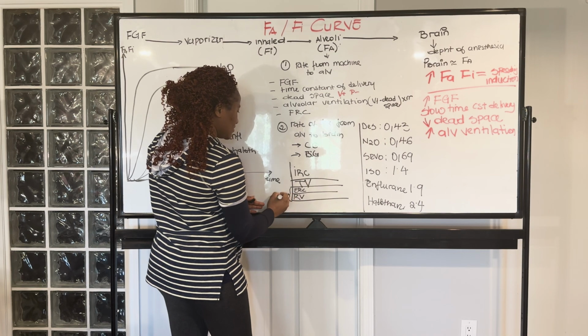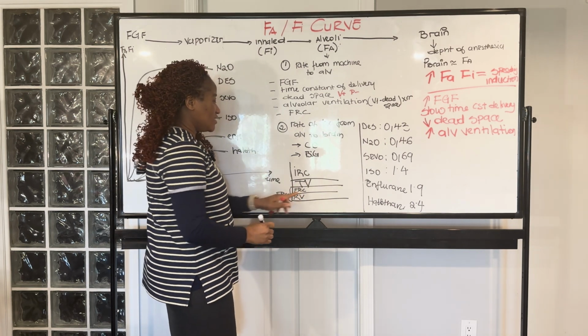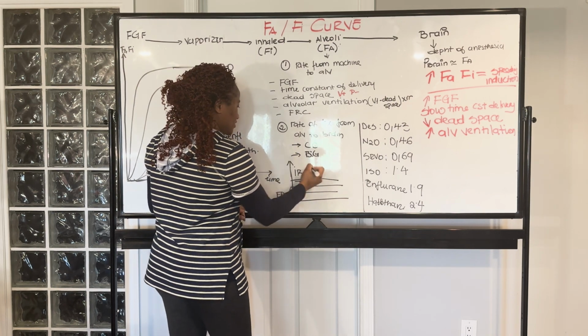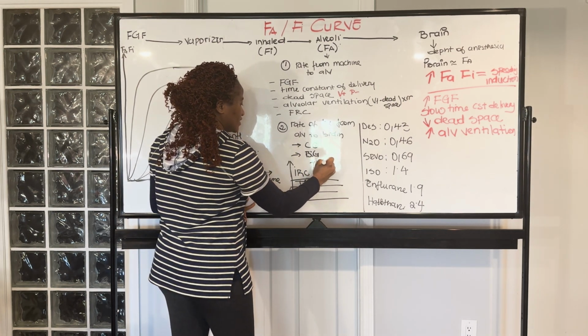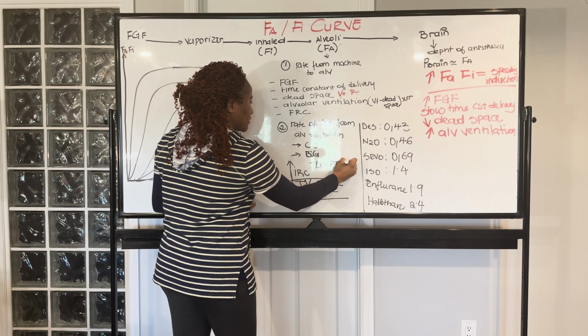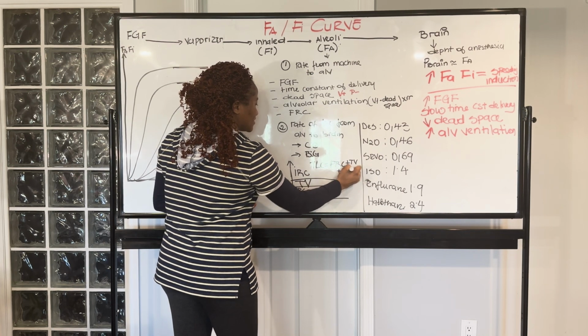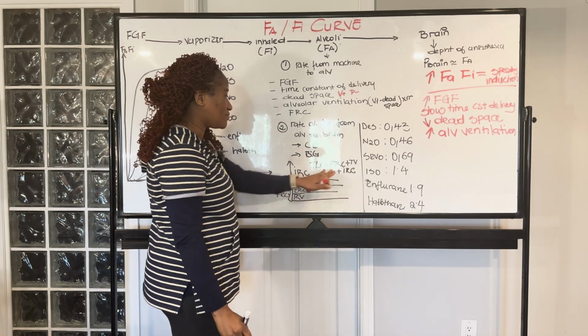These two are my functional residual capacity, right? And my total lung capacity is going to be my functional residual capacity plus my tidal volume plus my inspiratory reserve volume.